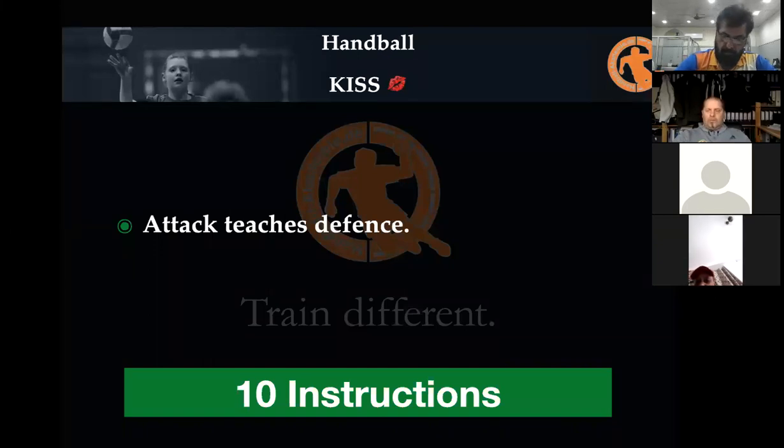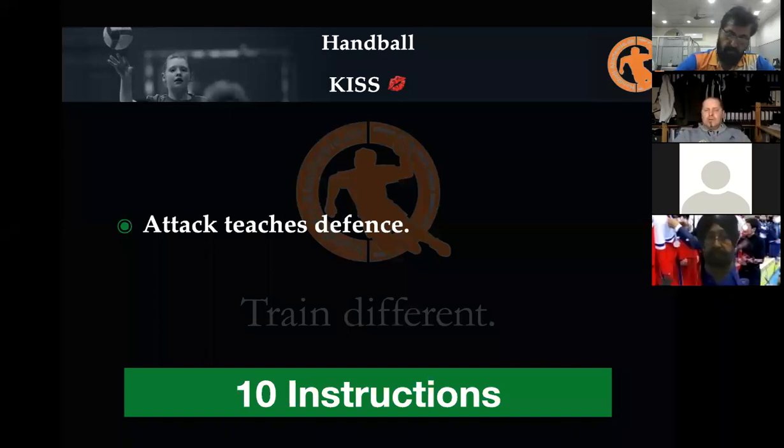You remember the 4 different forms of cooperation. The one-on-one pushing parallel, the crossing, the give and go, and the screen. And the more the attackers are using those different types of cooperation, the more defense needs to react on that. So it's always the fight between the 2 parts of the game, attack and defense. The attack is teaching the defense, the defense is structuring the attack.